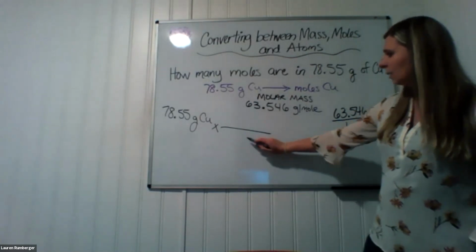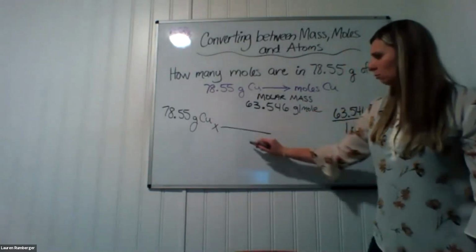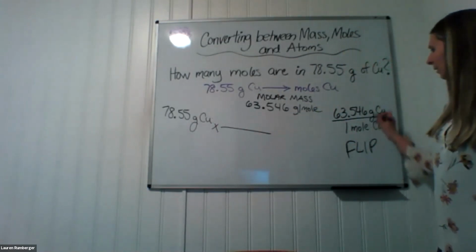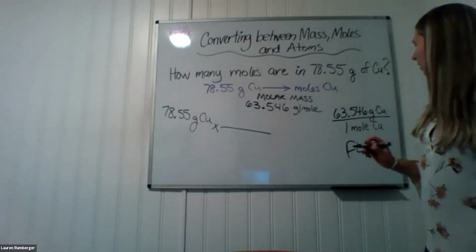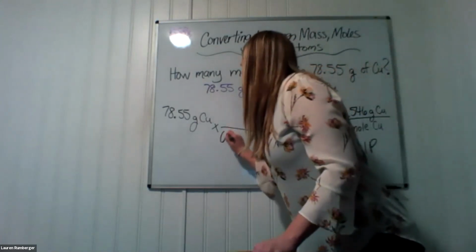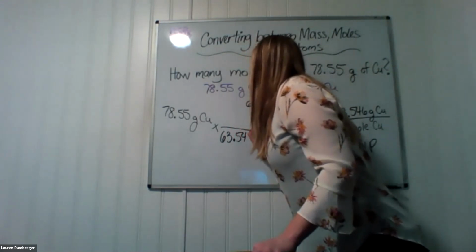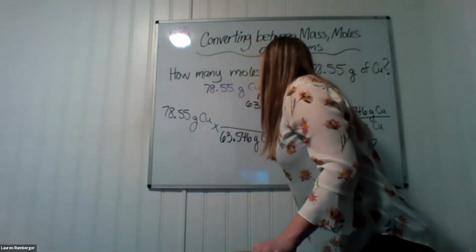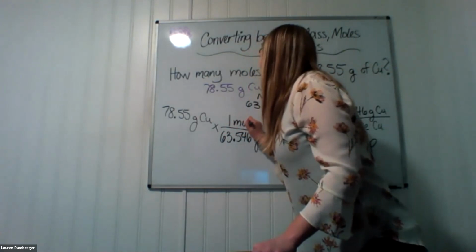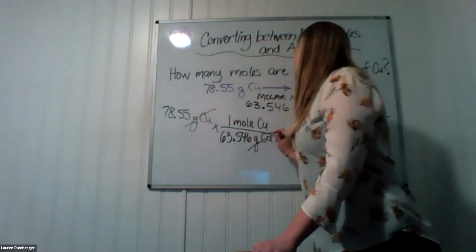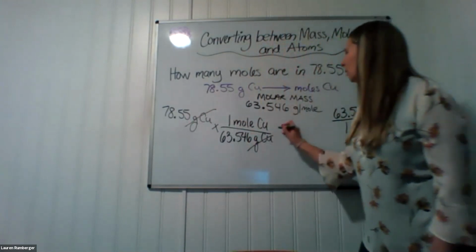With moles on the bottom, that doesn't allow us to cancel grams. So we will need to flip this conversion factor and put the molar mass, 63.546 grams of copper, on the bottom and 1 mole of copper on top to cancel units of grams diagonally.